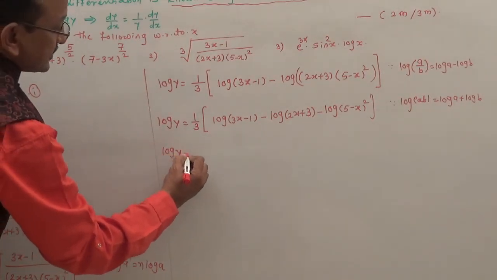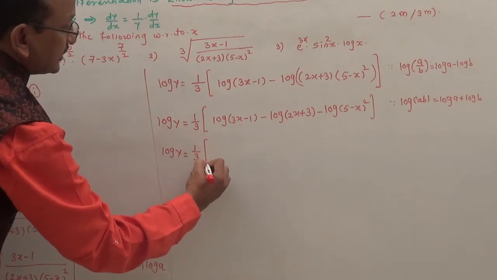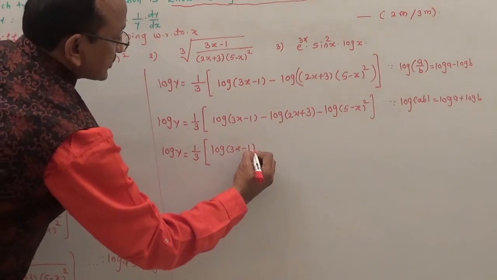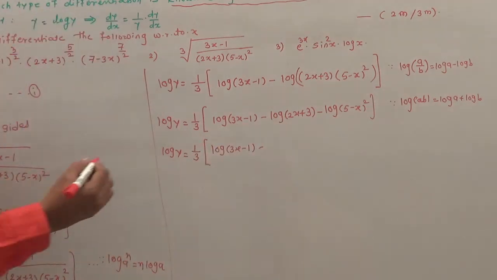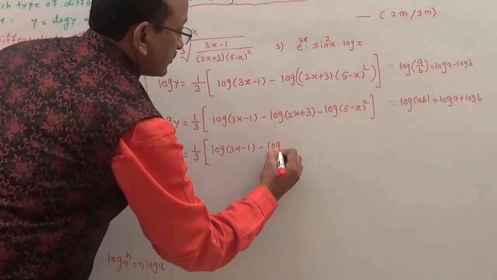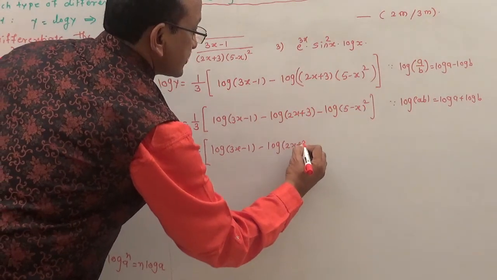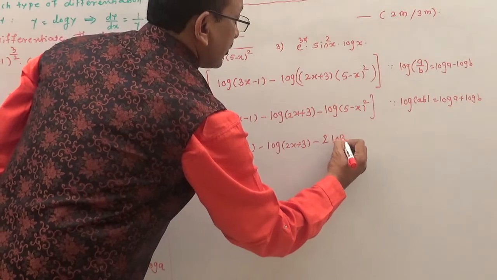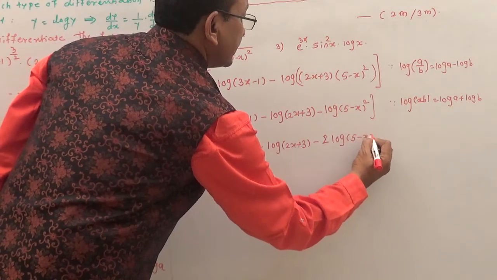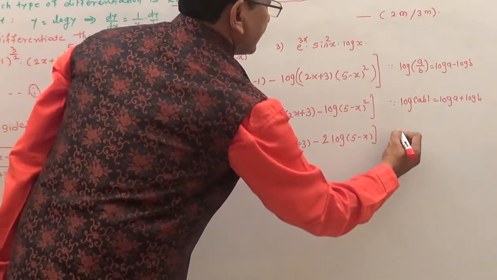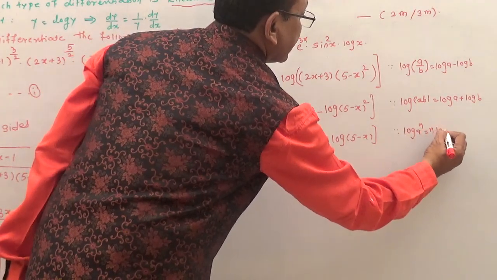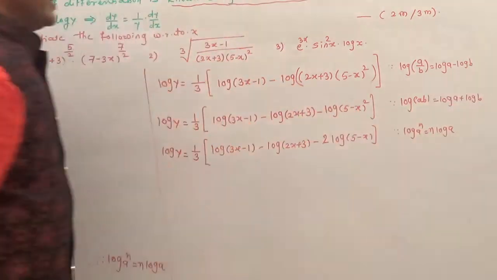So log y is equal to 1 upon 3 into bracket log of (3x minus 1) minus log of (2x plus 3) minus 2 times log of (5 minus x). Apply the log A raised to n formula, n times log of A.